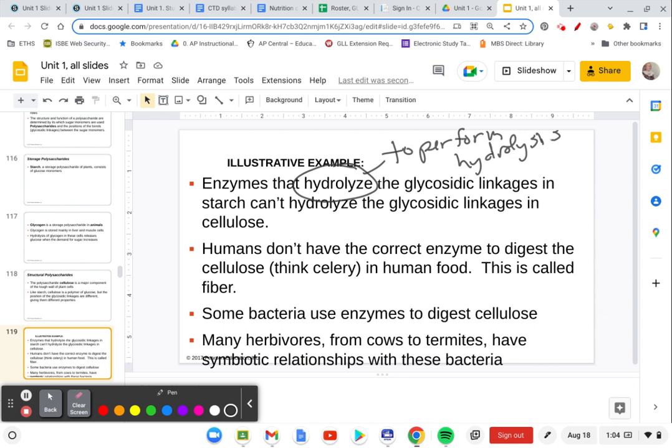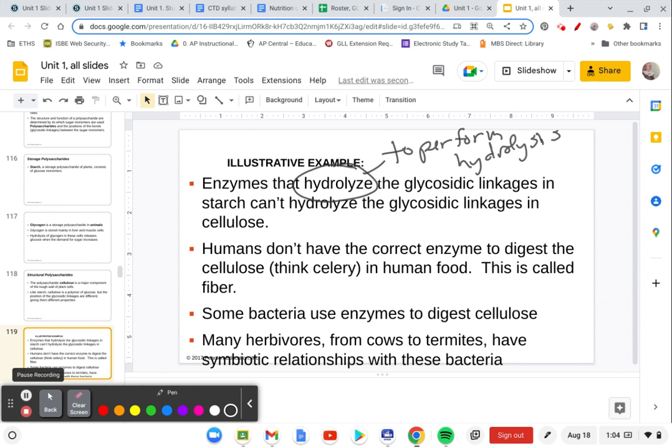So enzymes that hydrolyze glycosidic linkages in starch only break apart those linkages. They do not break apart the linkages in cellulose because they're different. They're shaped different. It's kind of like different puzzle pieces. You can't put those puzzle pieces together in the same way.